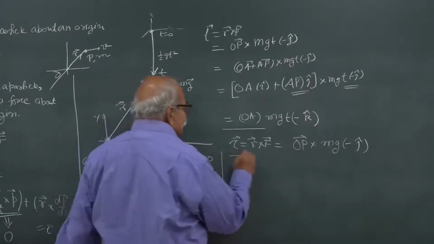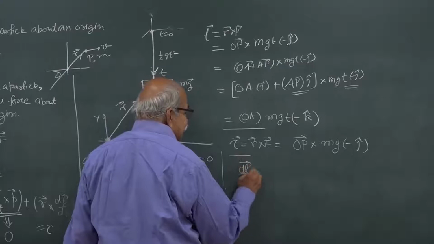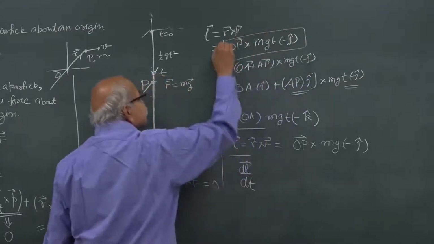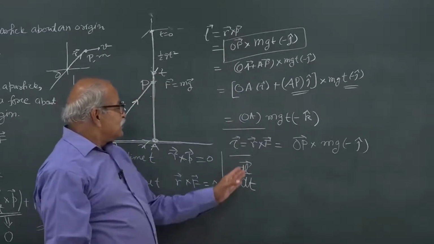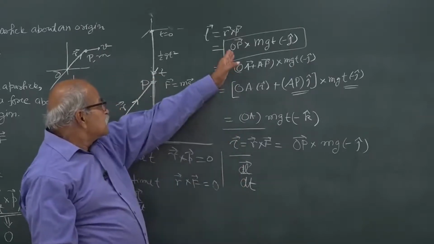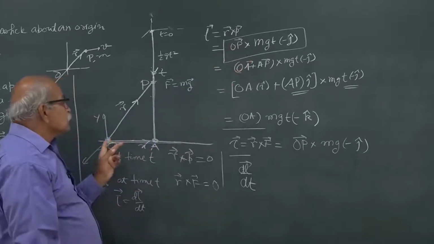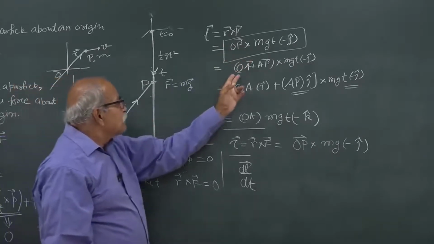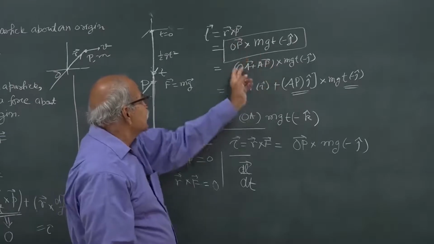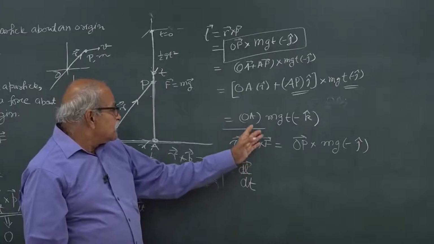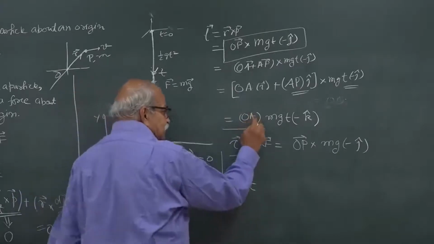So, now if you do this dL/dt, here is L, and I am doing dL/dt. Differentiate this with respect to time. OP is a fixed vector. No, OP is not a fixed vector. OA plus AP, you can write it like that. So, your dL/dt, if you take from here, OA is fixed, correct?